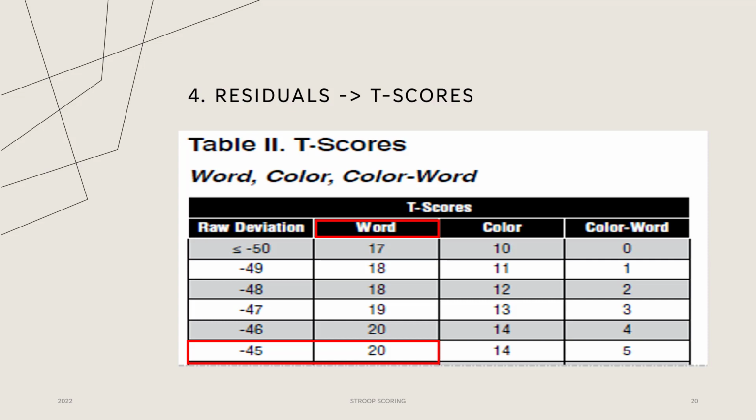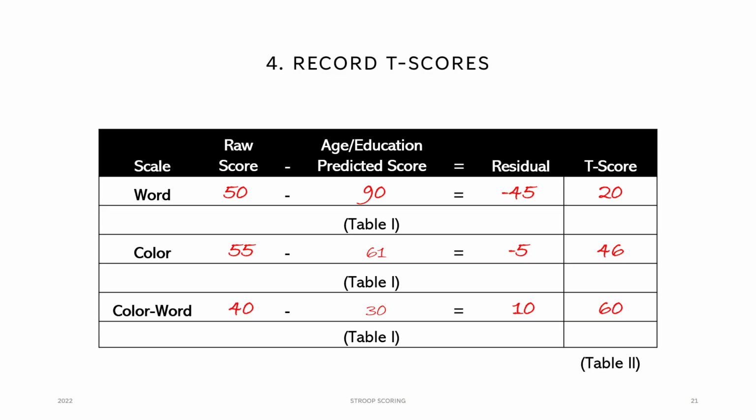Remember, this individual had a negative 45 for a residual. So we look at that column in raw deviation of negative 40, where negative 45 is that row, and go across the row to the word column, and we get a T-score of 20 for word.